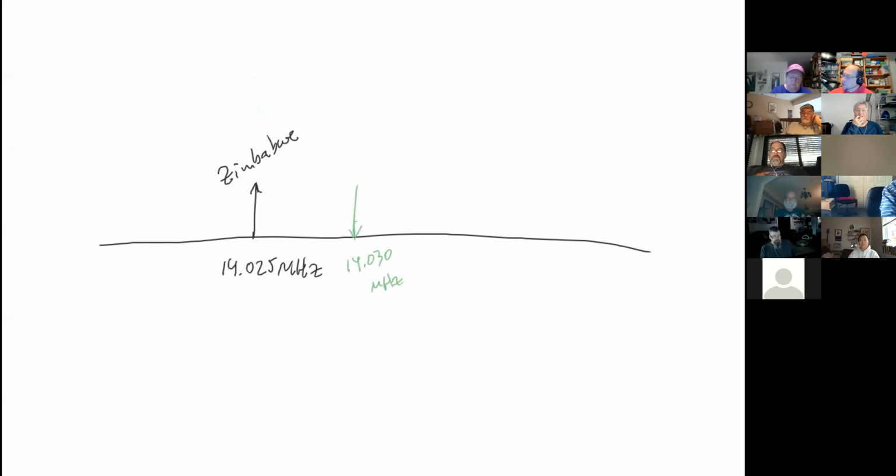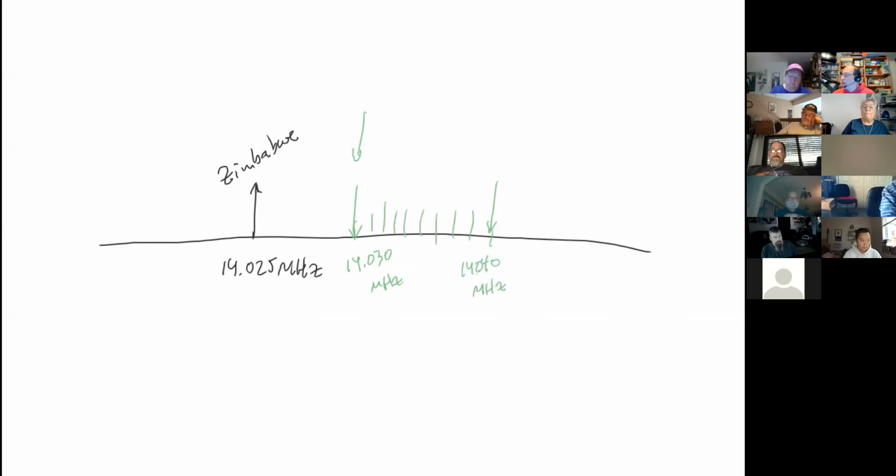Now, what happens if 2,000 stations are calling on the exact same frequency anyway? What's he going to hear? Just utter chaos, right? So what that station will typically do is say, I'm going to be listening from 14.030 to 14.040 megahertz or something like that, and everywhere in between.